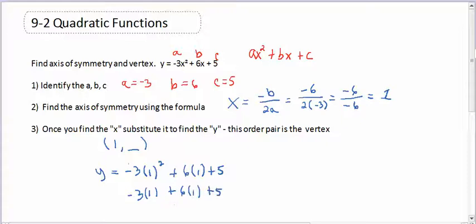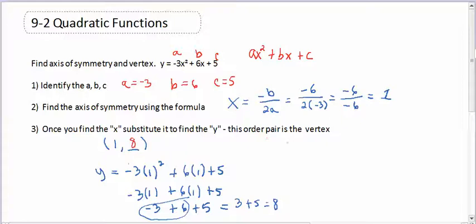And now negative 3 times 1 is negative 3. 6 times 1 is 6 plus 5. And now I'm just going to put them together. I'm going to add this together. I get 3. 3 plus 5 is 8. So my y value is 8.